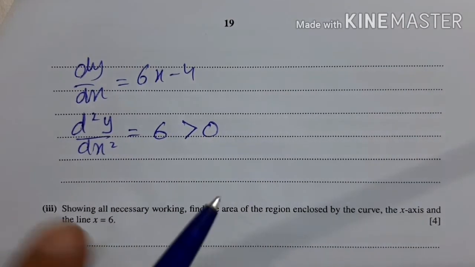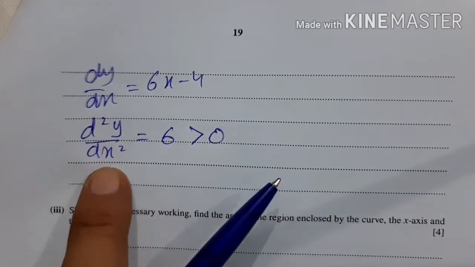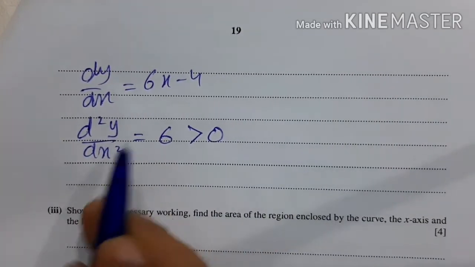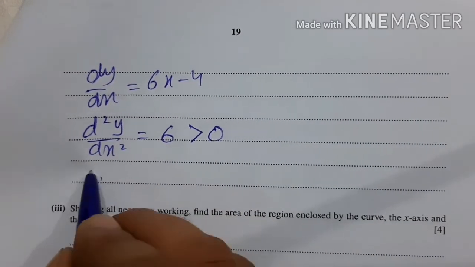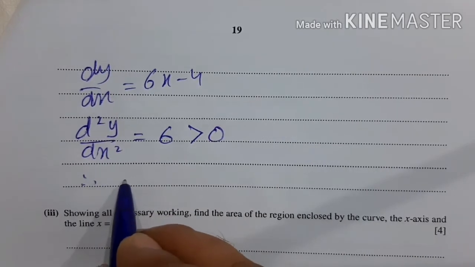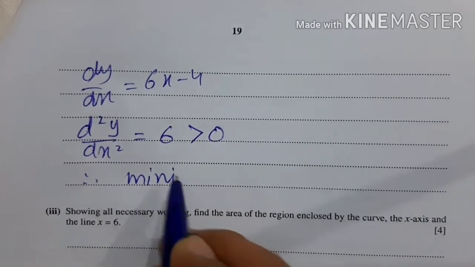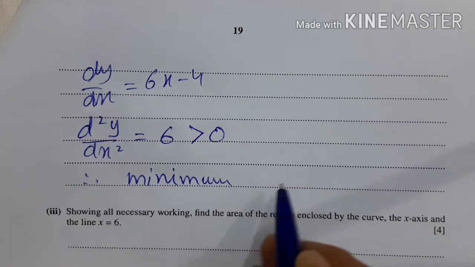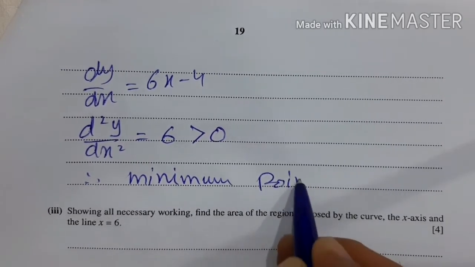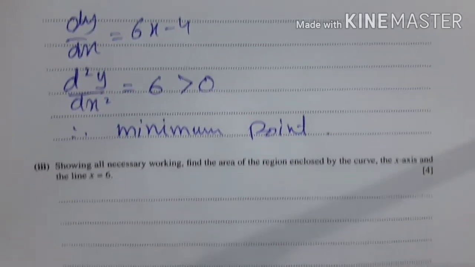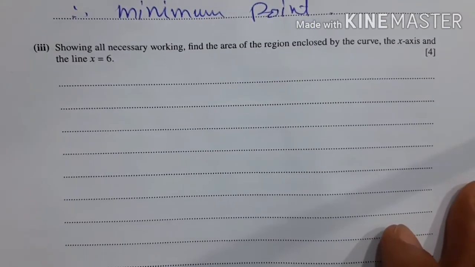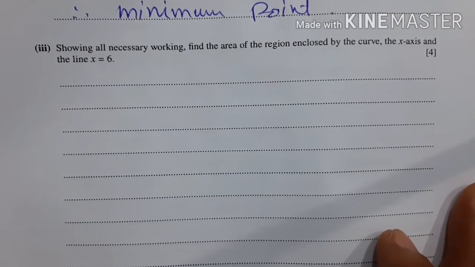So if the double derivative is positive, then the point is a minimum. Therefore, this is a minimum point. So that's our answer. Part 3.